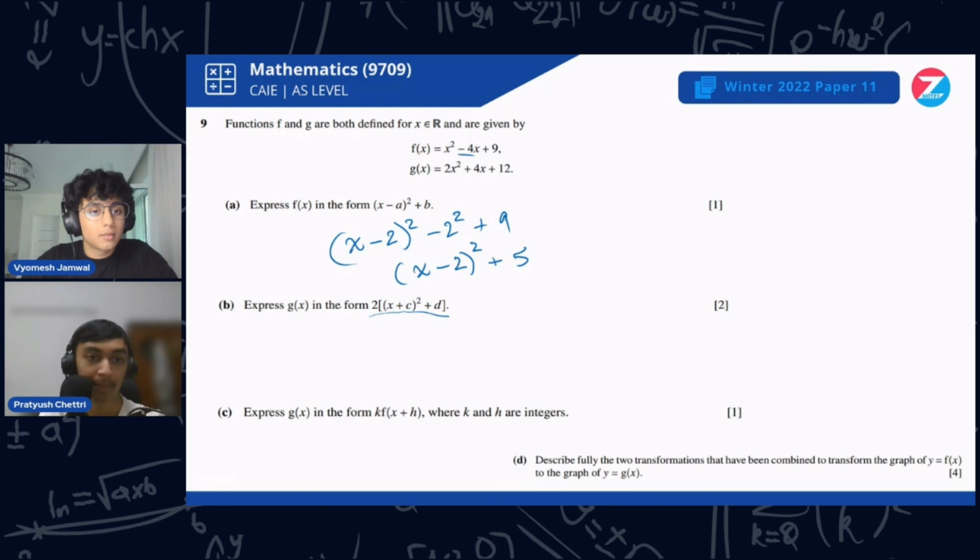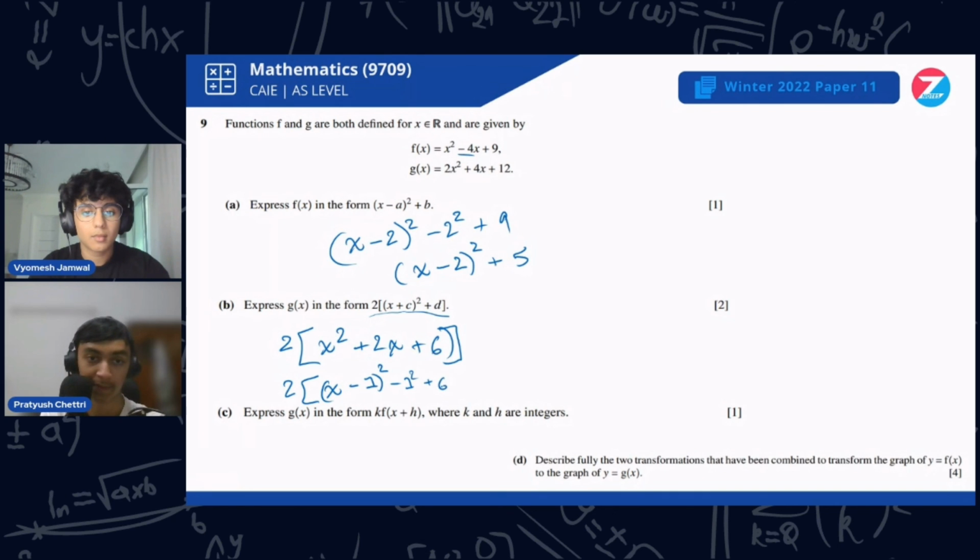Multiply the whole thing. So express g in this form. What that means is, take g, and divide everything by 2 and put it outside in brackets. x squared plus 2x plus 6, in square brackets. And then you complete the square inside: x plus 1 whole squared, minus 1 squared, plus 6.